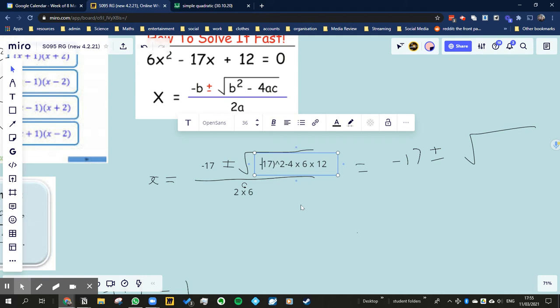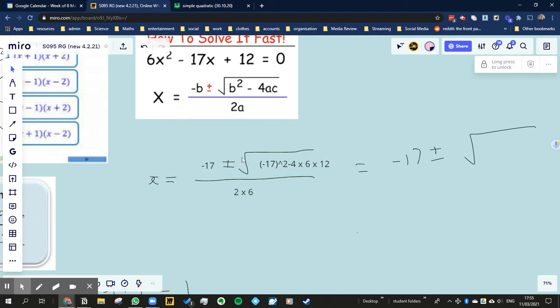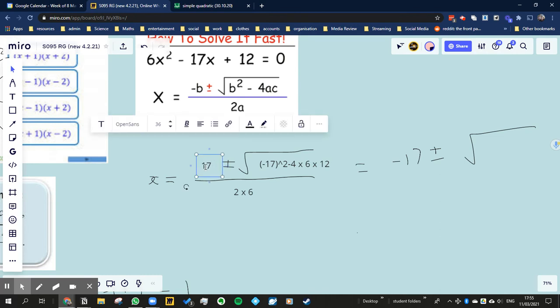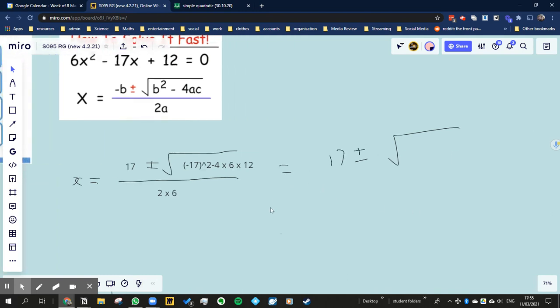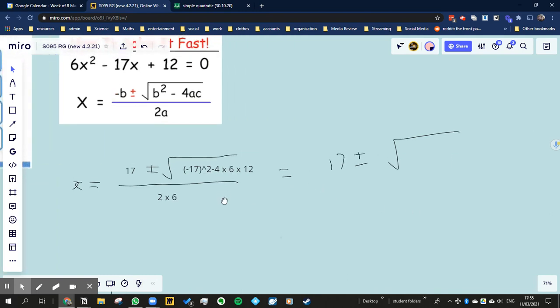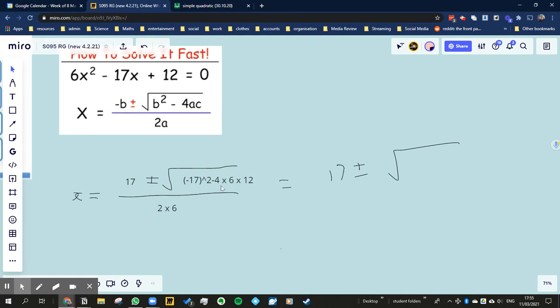You could do with some brackets, because you're squaring -17. But the problem here is that you've got negative b, and b is -17, so negative b is just 17. So that should say 17 plus or minus, and then -17 all squared minus 4 multiplied.